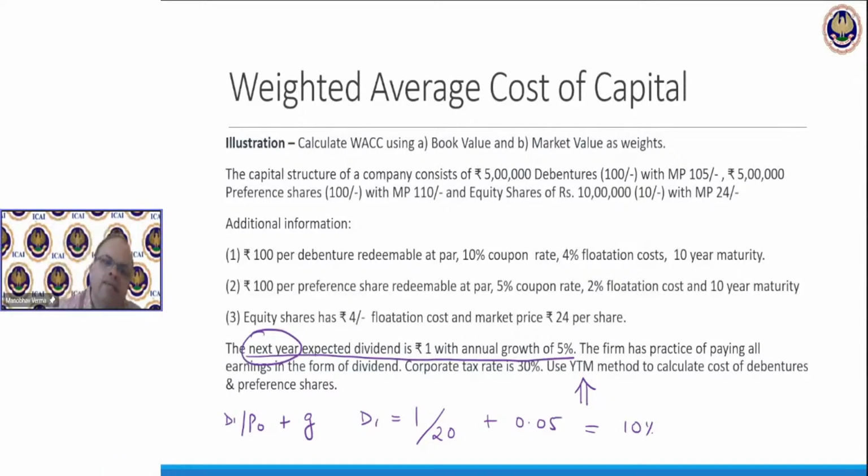Can we say, since we're talking about the existing debt, 105 minus 4%? What do you think? 105 minus 4% is 100.8. That's the initial cash flow.